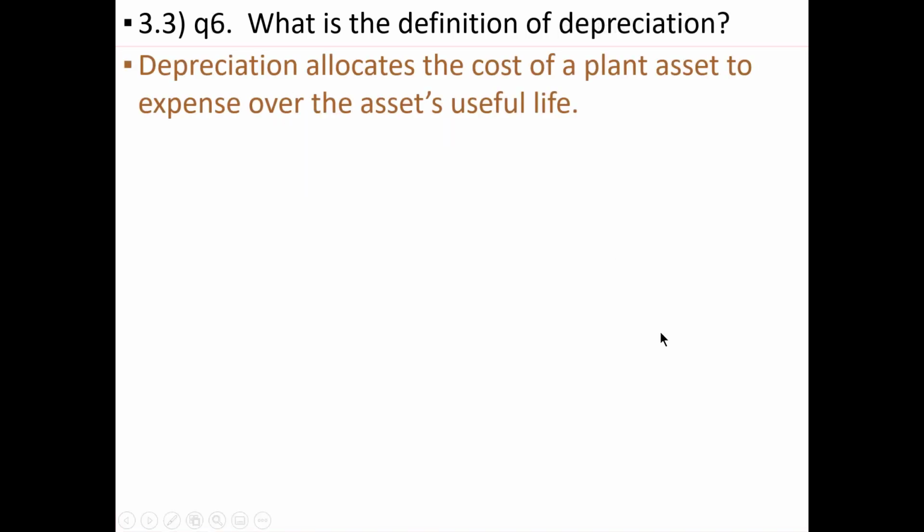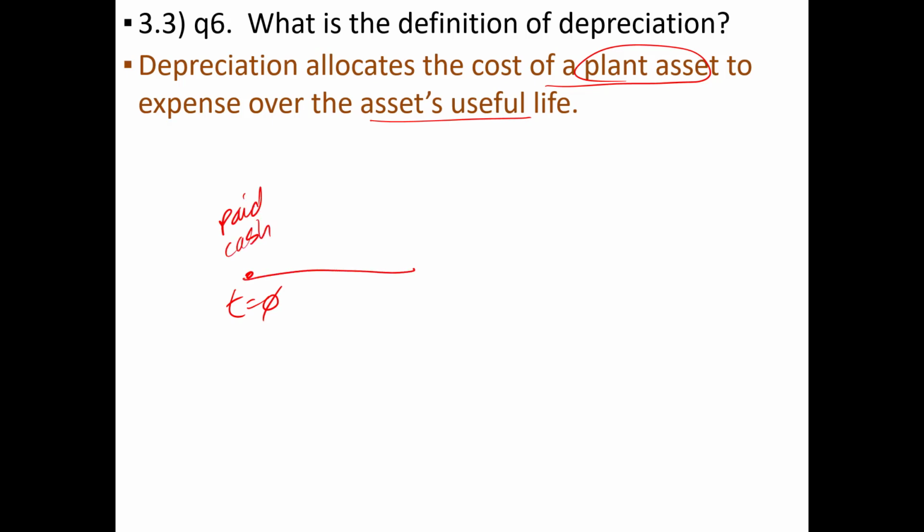Definition of depreciation. Depreciation allocates the cost of a plant asset to an expense over the asset's useful life. This is kind of similar to what we just talked about. Time equals 0 today. Paid cash for, say, a computer, and in the future, say time equals 1, time equals 2, and time equals 3, we're going to expense a portion of that long-term asset, usually evenly, over the next several periods.